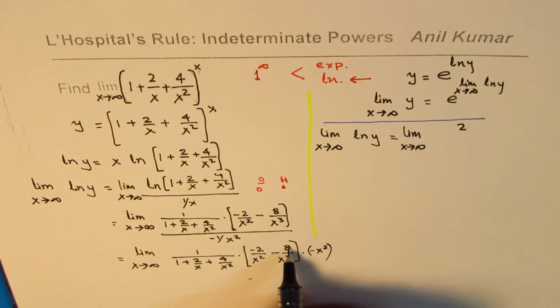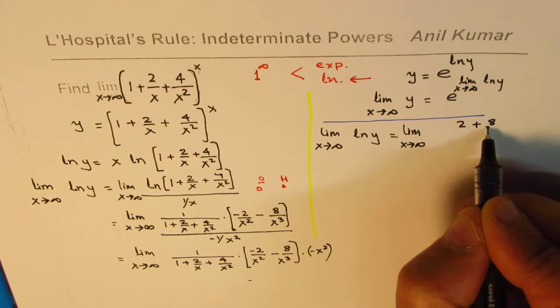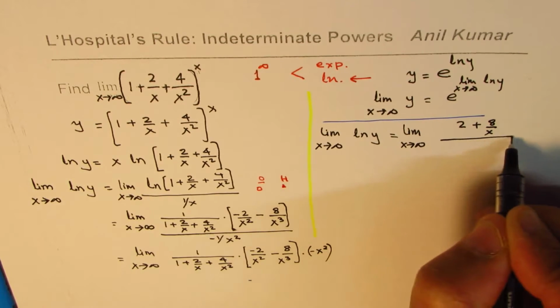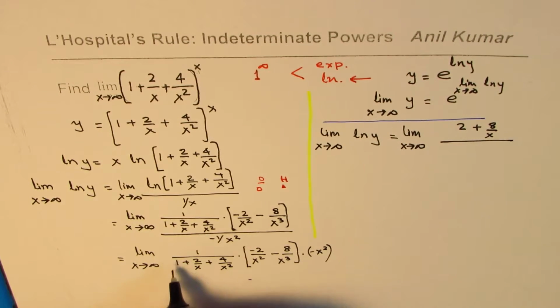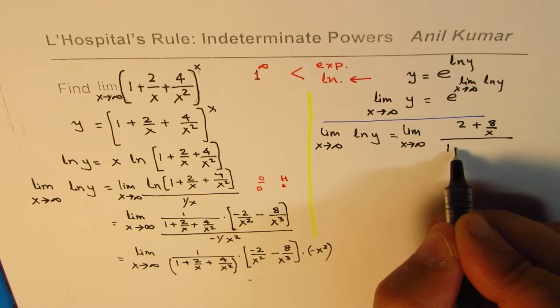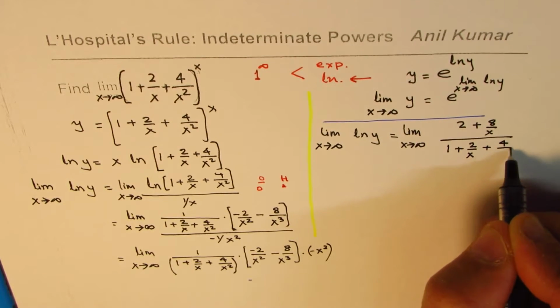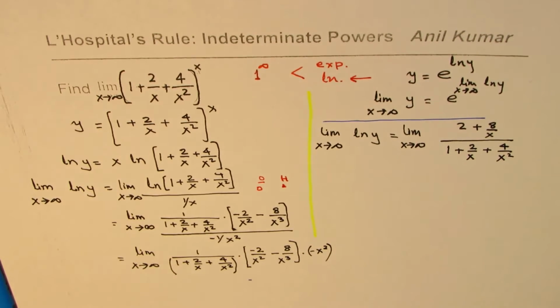In this case, it becomes positive 8 over x, so plus 8 over x, divided by all this, which is 1 plus 2 over x plus 4 over x squared. So that is what we get.